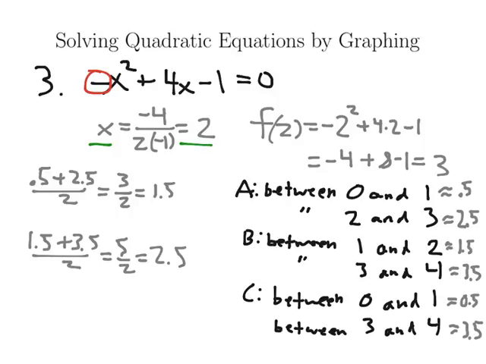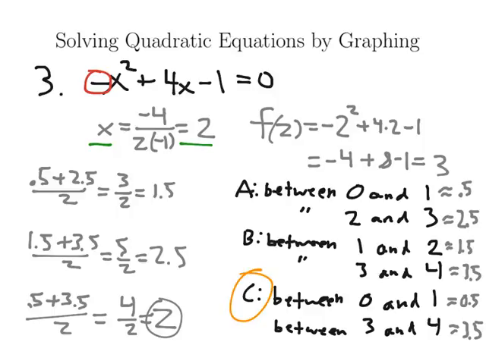Again, this is also kind of far off, so let's check for C. The average between 0.5 and 3.5 is their sum divided by 2, which is 4/2, which is 2. So it's 2. C seems like the best answer to me, so I'm going to go for that one.